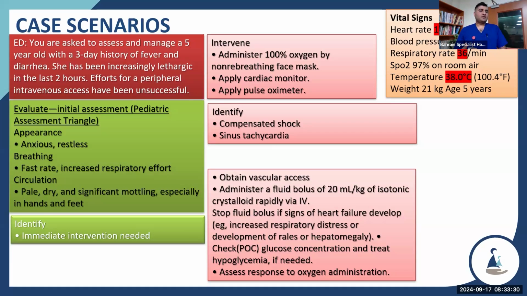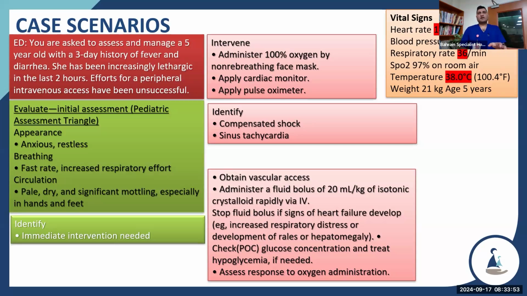Efforts for peripheral intravenous access have been unsuccessful. Initially, we evaluate according to ABC or the pediatric assessment triangle. Appearance: she is anxious and restless, breathing fast with increased respiratory effort. Circulation: she is pale, dry, and has significant mottling, especially in hands and feet.